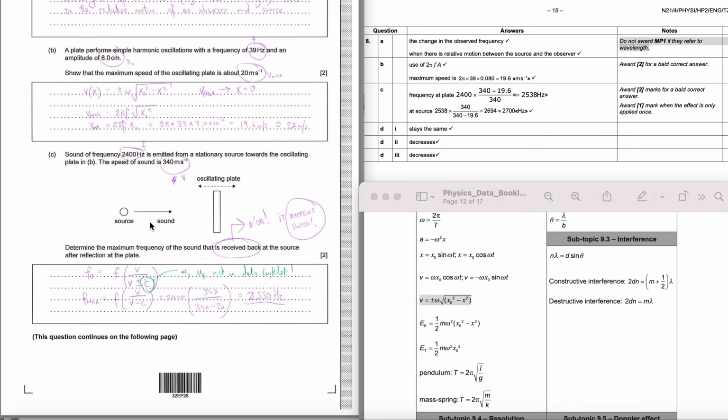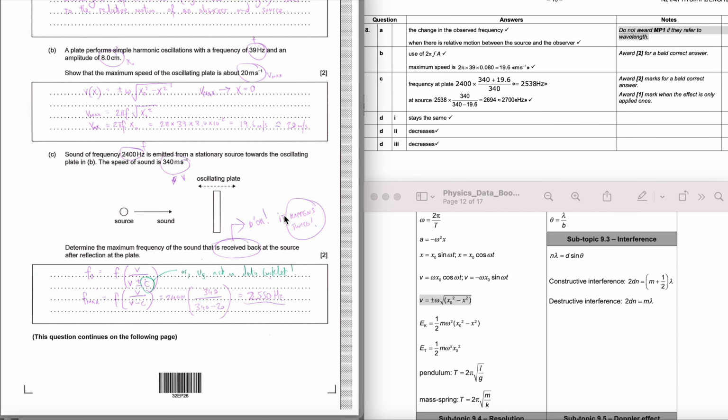You'll notice the issue comes with this question. It comes with the fact we've got sound being emitted from a stationary source towards the oscillating plate. The speed of sound is 340 meters per second. What clearly lots of students do, and what I did as well, is assume that our Doppler only applies once here.